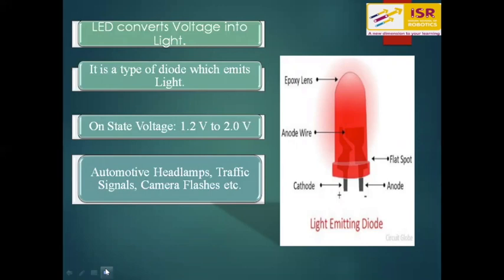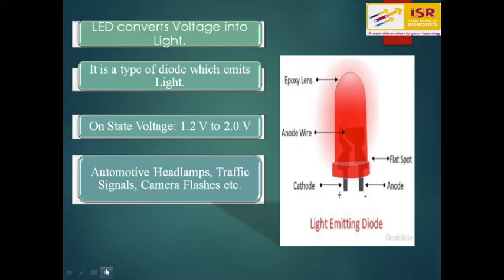LED is actually used for converting the voltage into light. That means if you connect the LED in a circuit, then the battery is giving the voltage and the LED will emit the light when the voltage is passed through it. So it is a type of diode which emits light. The on state voltage of your LED is 1.2 volts to 2.0 volts.